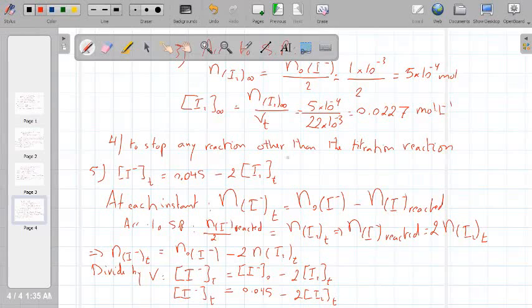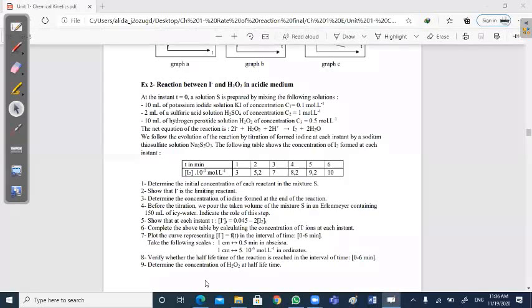Now, number 6. Complete the above table by calculating the concentration of I minus ions at each instant.